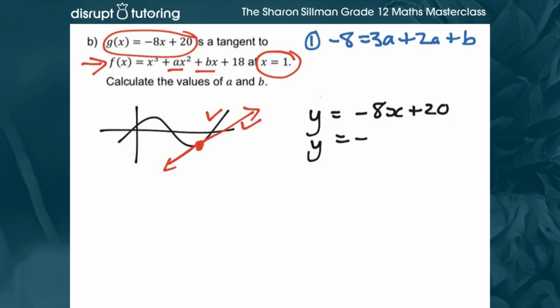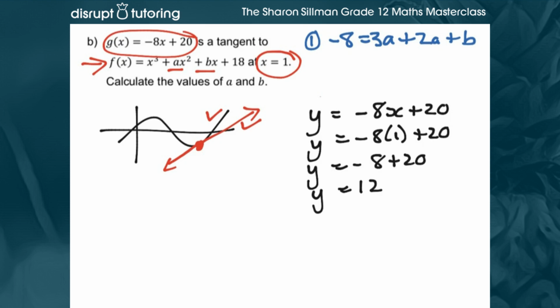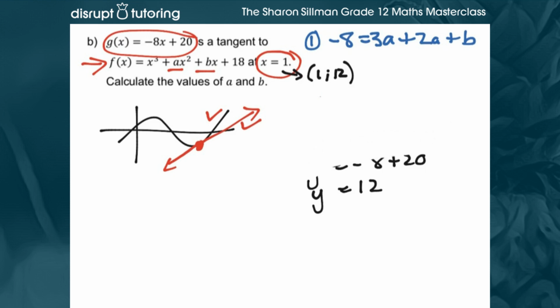When x is 1, y will be equal to 12. So we know a little bit more about this now. We know that the point 1, 12 lies on, or is the point of tangency. So therefore it lies on the straight line and it lies on the function.